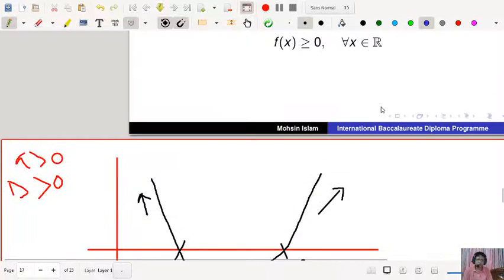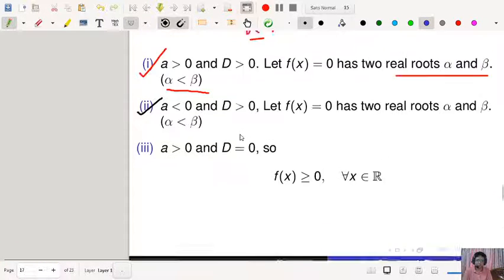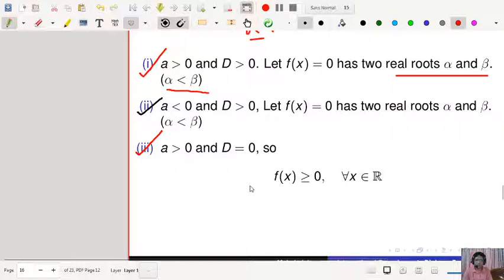I already explained that a picture is worth a thousand words, so the picture means everything. Now, if a > 0 and the discriminant is 0, what will happen?